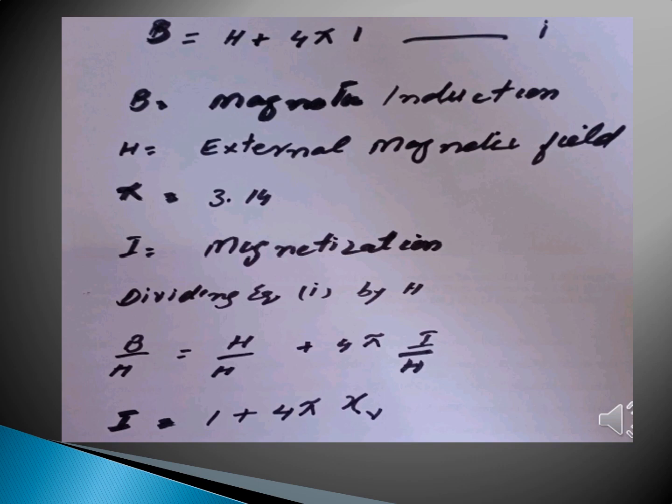We divide the equation by H to get the value of magnetization: I over H is equal to 1 plus 4 pi x, where x is magnetic susceptibility.